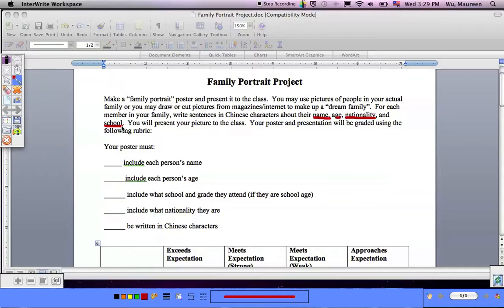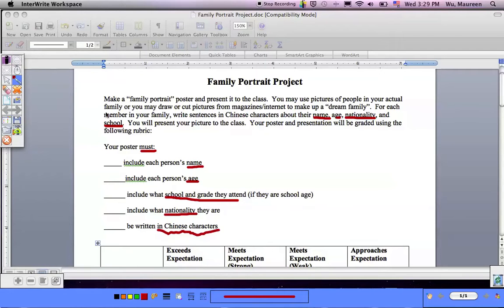Your poster and presentation is going to be graded according to the rubric and the checklist, so make sure you watch it closely so that you're getting everything that you need. Your poster must include each person's name, include each person's age, include what school or grade they attend if they are of school age, include what nationality they are, and it must be written in Chinese characters.